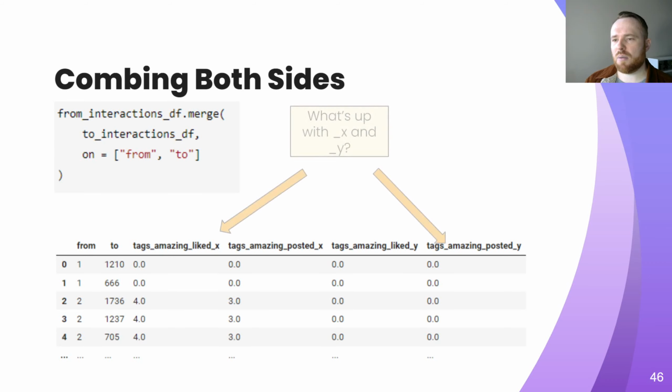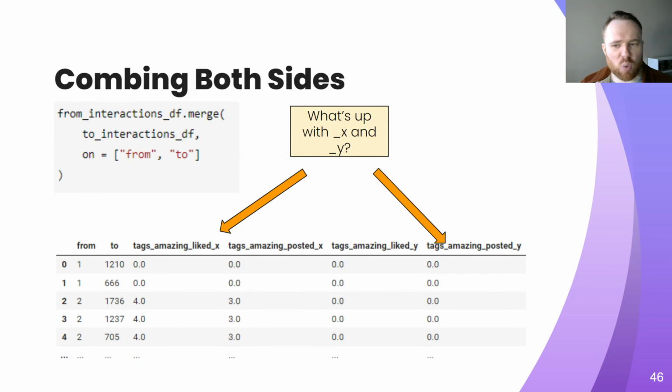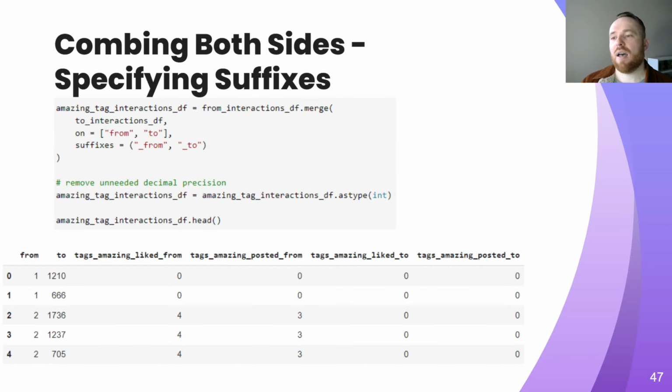But looking at these column names, what's up with underscore x and underscore y? Well, because my two data frames have overlapping column names, by default Pandas will append underscore x and underscore y for the left and right data frames respectively. So what I can do instead when I call merge is specify the suffixes.